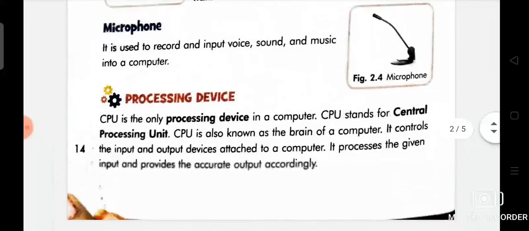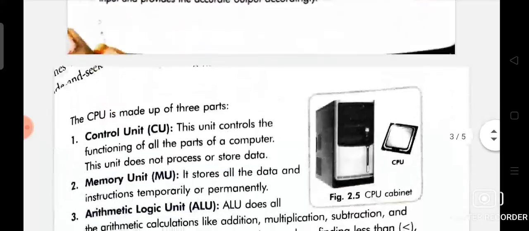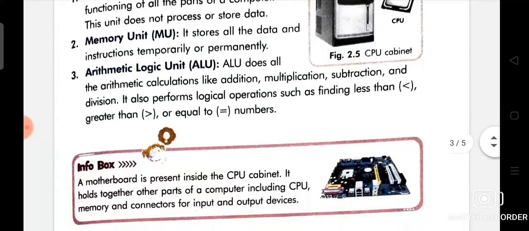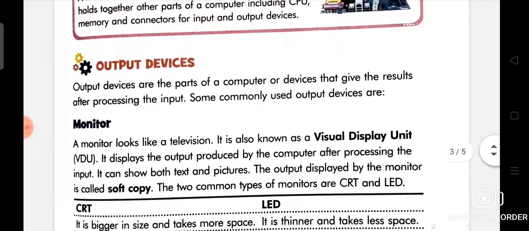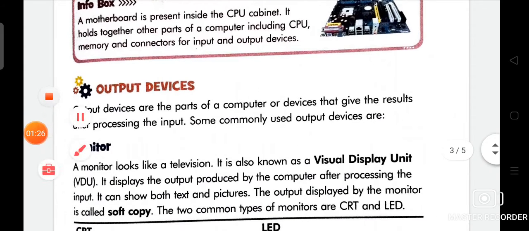In this video we are going to read about your next topic, that is output devices. We read this chapter yesterday, but in this video we are going to discuss output devices and all important topics. So dear students, let's begin.